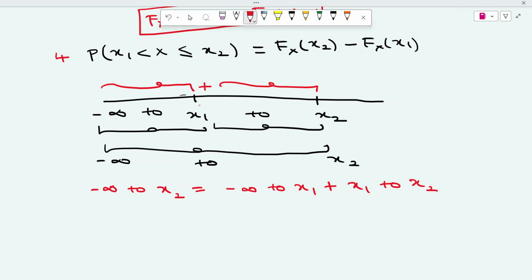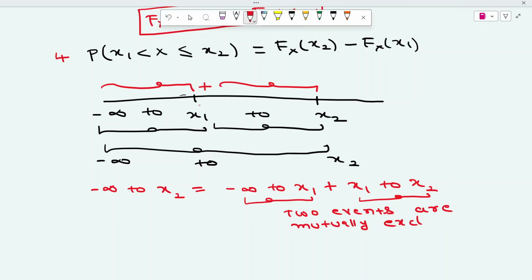Minus infinity to x1 we are writing as minus infinity to x1, and this includes from x1 up to and including x2. So as you can see, these two events are mutually exclusive events.